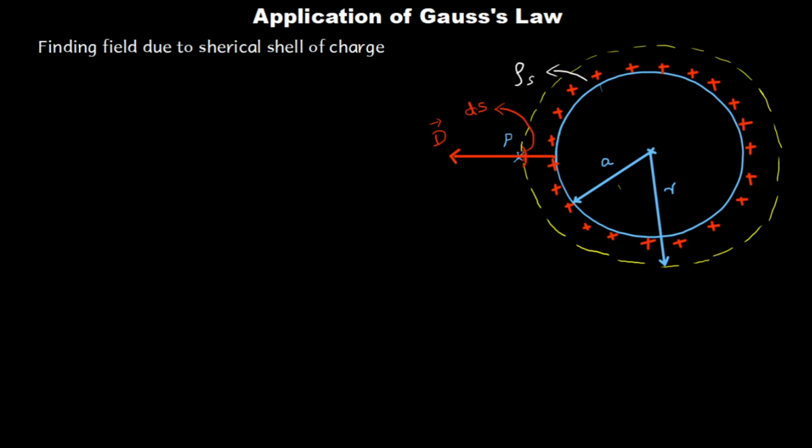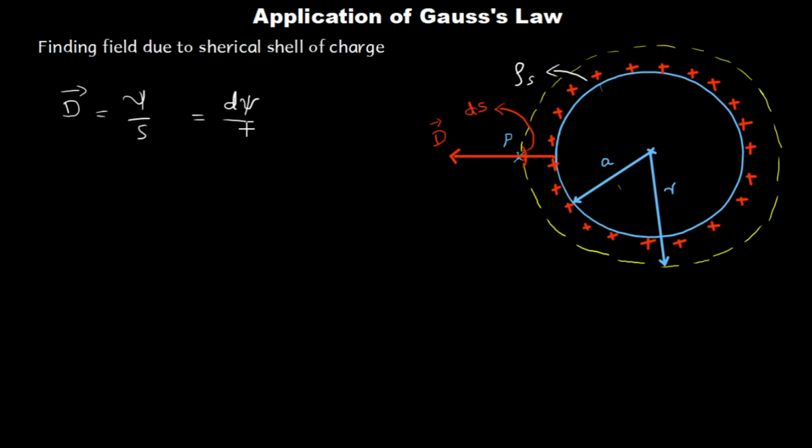Now using the definition of D vector, we know that D vector is psi by S, that is flux by surface area, and in this case I have a small surface area and I'll consider the flux coming out of the small surface area as minimum flux, so infinitely small amount of flux.